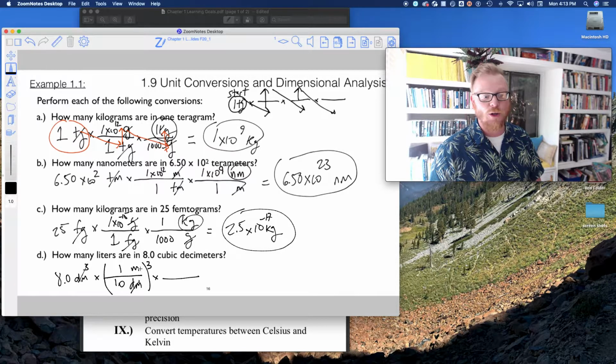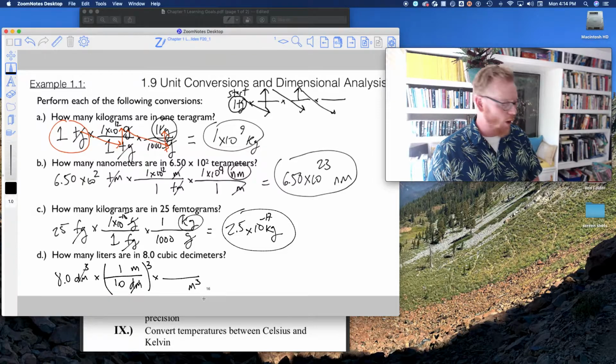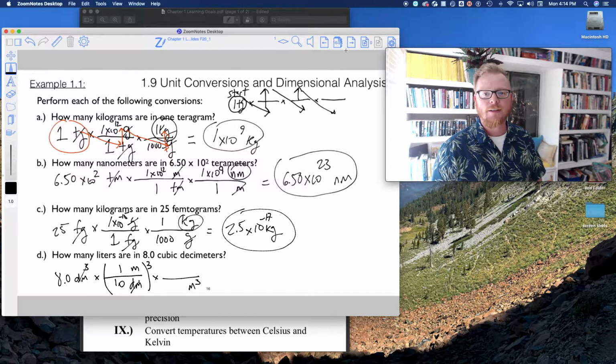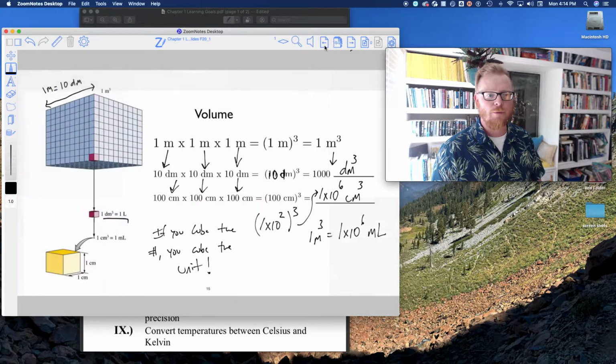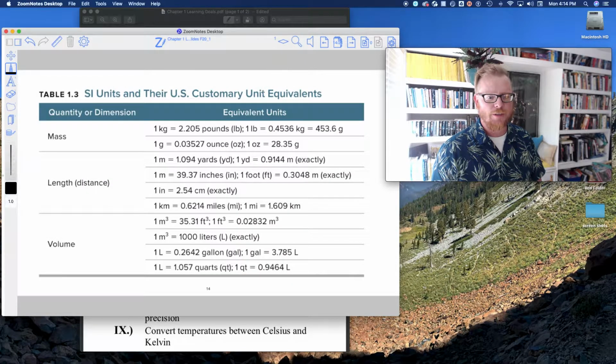But now you have to note that we have a cubic meter on top there, right? So that's going to be a cubic meter down below. And if you recall from our conversions, 1 cubic meter equals 1,000 liters.